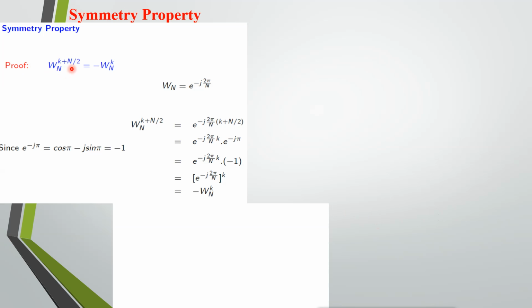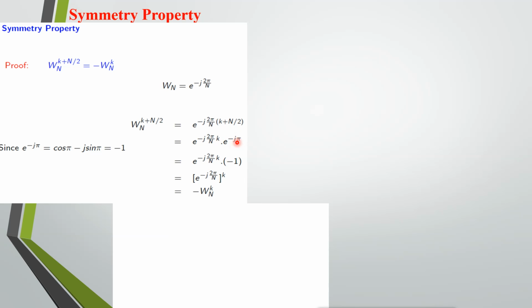W of N raised to k plus N by 2 equal to minus W of N raised to k. We know that W of N equal to e to the power of minus j into 2 pi divided by N. Substitute the value here, e to the power of minus j 2 pi divided by N into k plus N by 2. E to the power of minus j 2 pi divided by N into k, into e to the power of minus j 2 pi divided by N into N by 2.